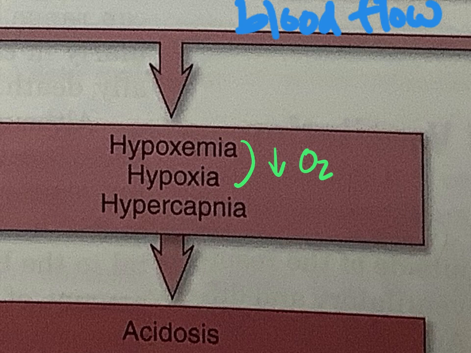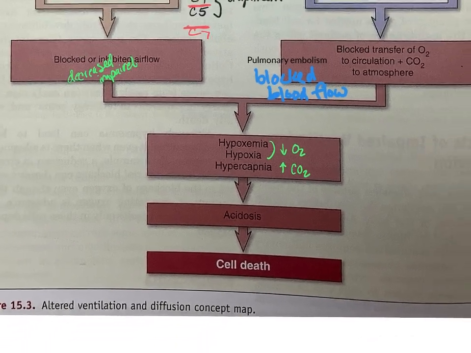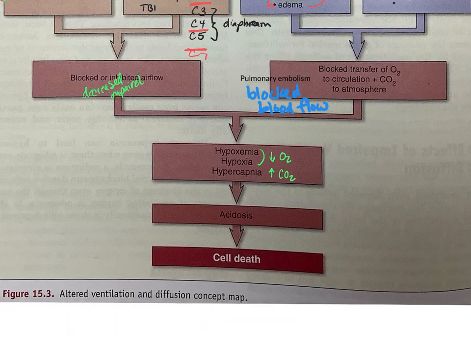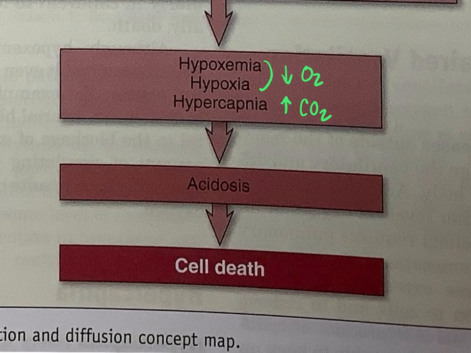Versus hypercapnia. Remember what we said? Increased CO2. Okay. And that's because CO2 creates what? Acid. It leads to acidosis. And acidosis leads to cell death. And cell death leads to tissue death, which leads to organ death, which leads to death. Okay.